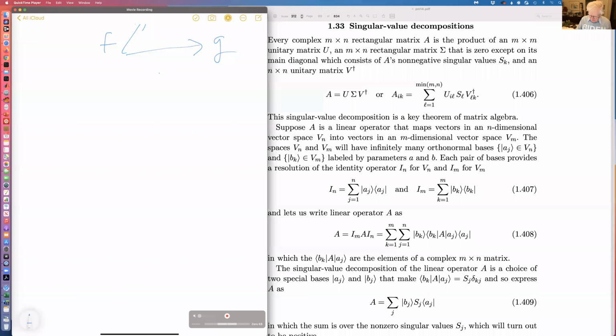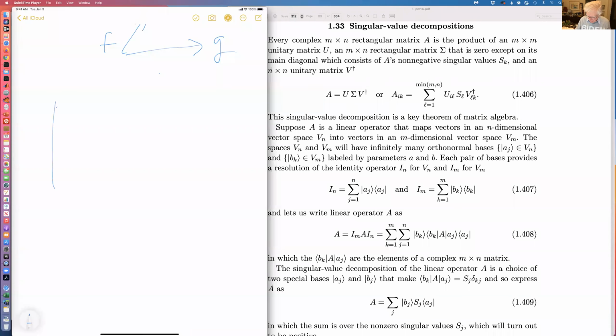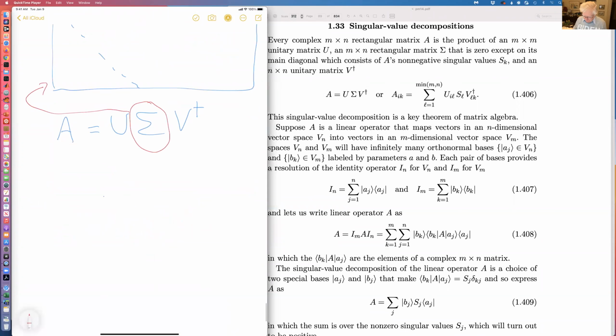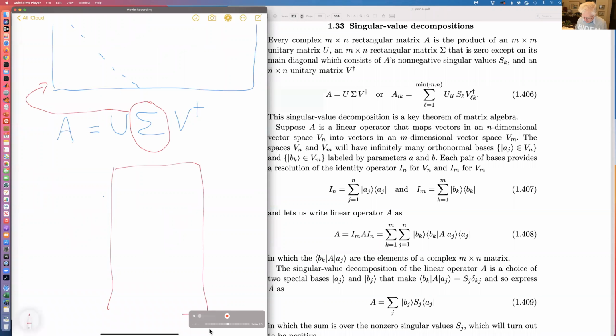If you have a matrix that looks like this, then the main diagonal goes along here and stops. This is called sigma. In other words, A is equal to U sigma V dagger. This sigma is this matrix here, which is in general rectangular, sometimes square.